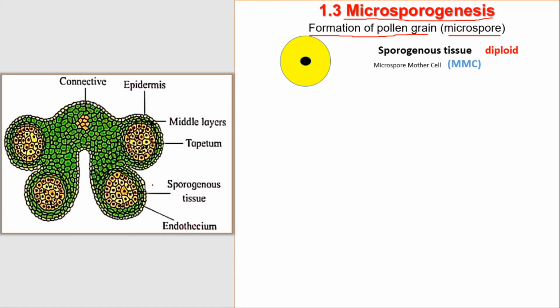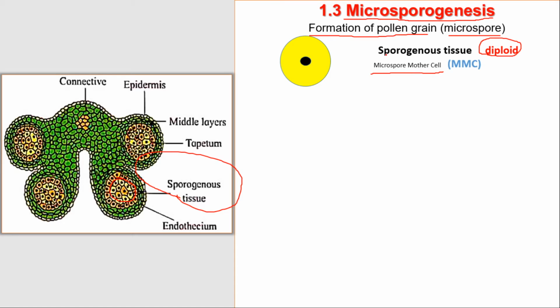Here sporogenous cells or sporogenous tissues are present inside the pollen sac. The sporogenous cell is diploid in nature. It is also called microspore mother cell because it will form microspores or pollen grains.